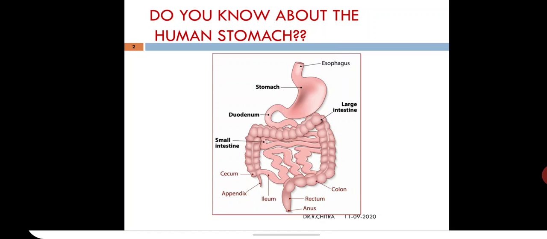Do you see the shape of the stomach? The stomach is J shaped. Do you know the capacity of the stomach? It is 1000 to 1500 ml in the adult and 30 to 50 ml in the newborn. The musculature of the stomach contracts to break down the food particles so that the food mixes with the gastric juices.